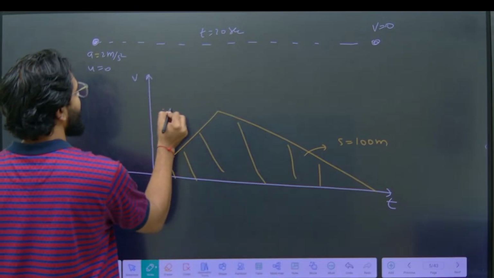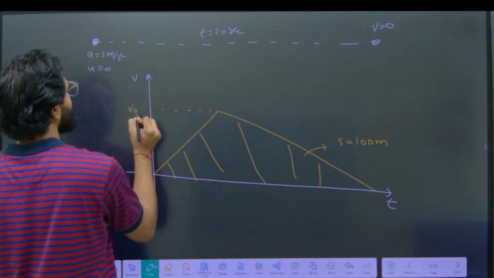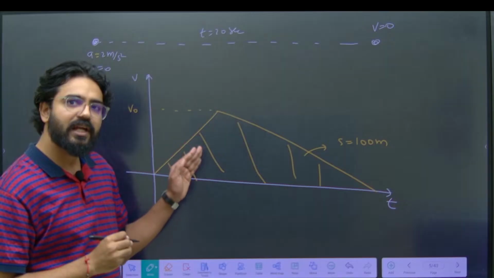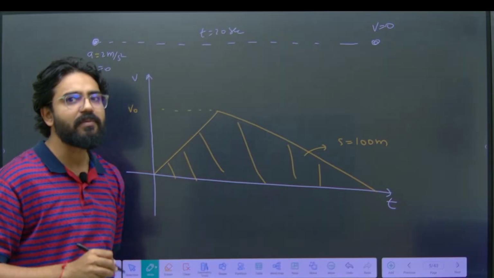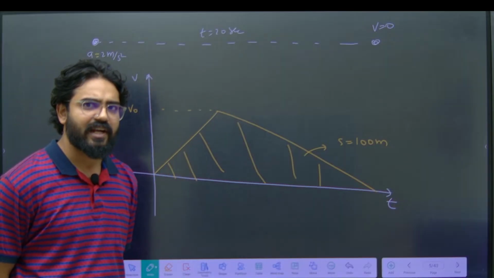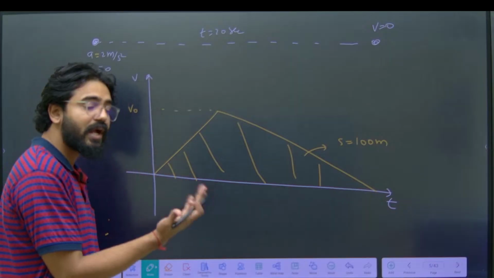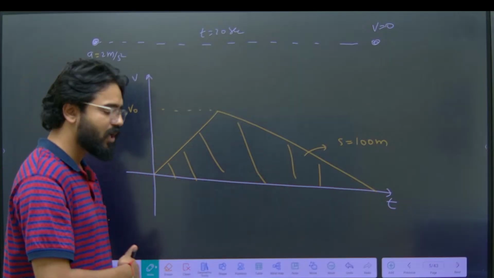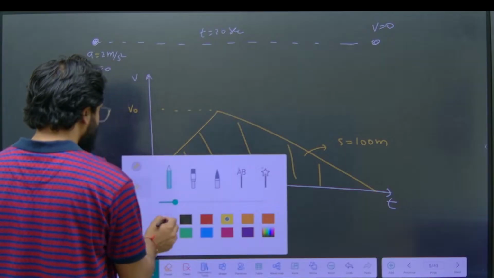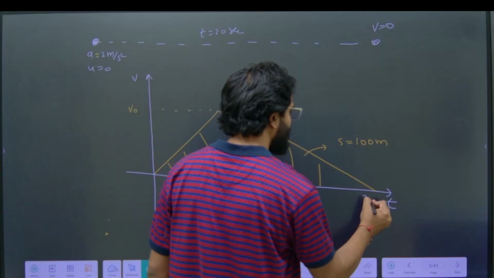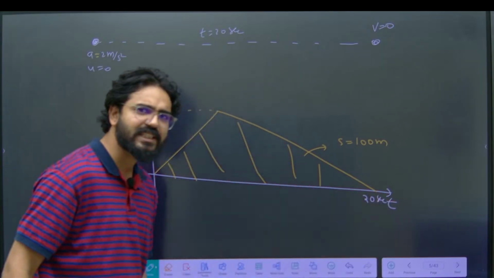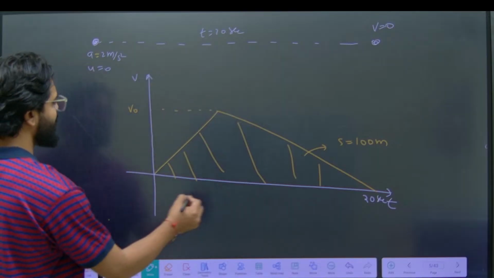And let's say this is V0, because you are being accelerated and then after some time you are decelerating, right? We have no idea about time, what is T1, what is T2. But who cares, sir? We have the power of graph. So what is the area under the curve, guys?